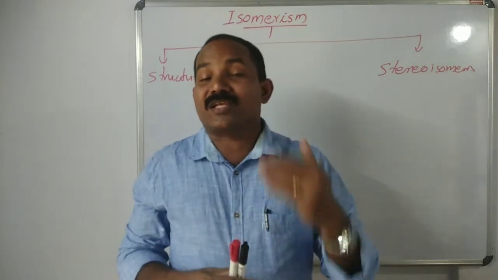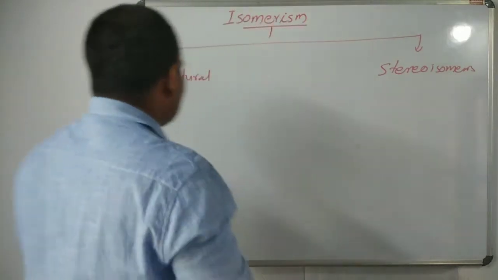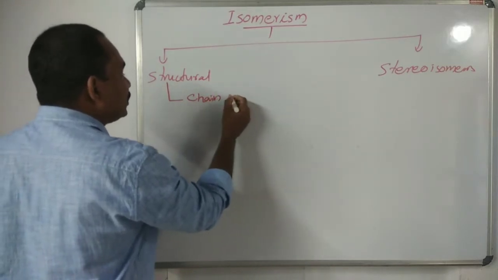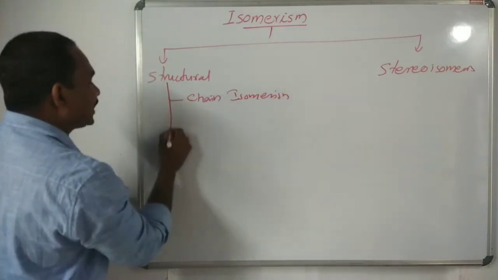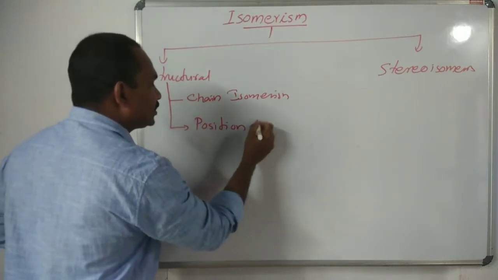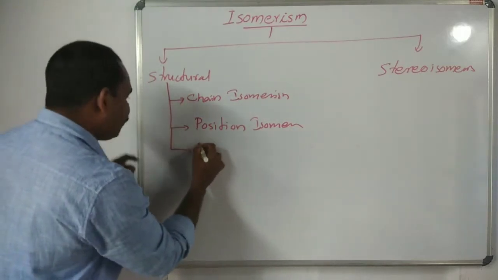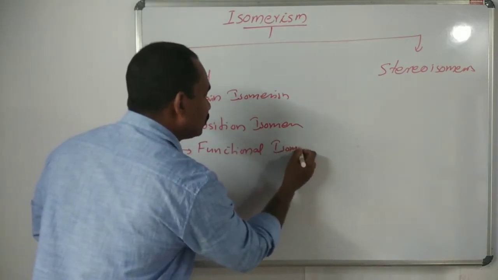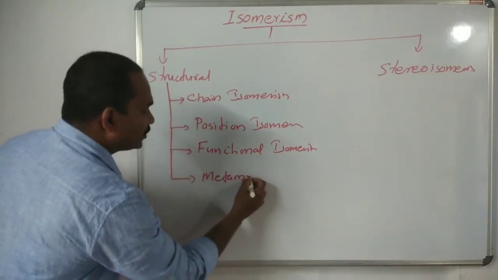In structural isomerism there are mainly four types. One is chain isomerism, the second is position isomerism, the third is functional isomerism, and the fourth is metamerism.